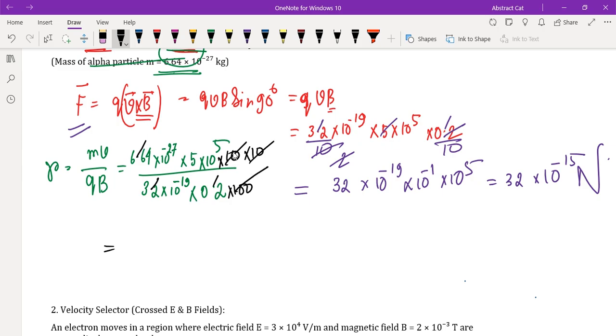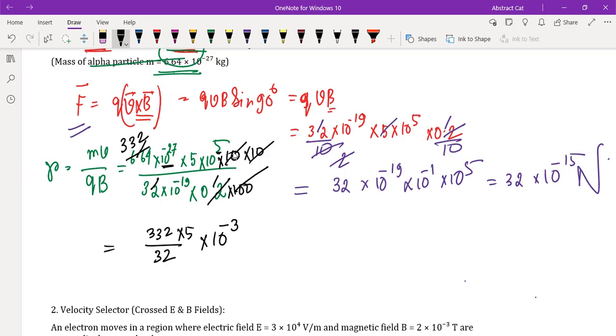These 100s cancel. Now 664 by 32 gives, with powers, 10 to the power minus 27 plus 5 gives 10 to the minus 22, and the denominator is 10 to the minus 19, so the power is 10 to the power minus 3.